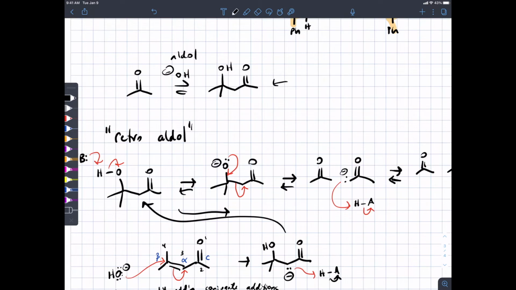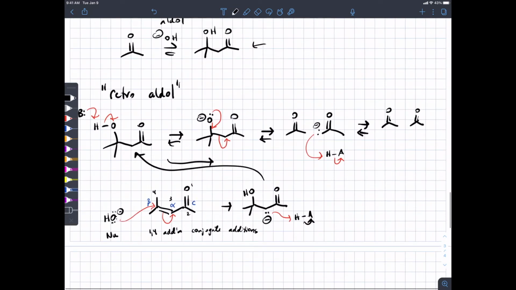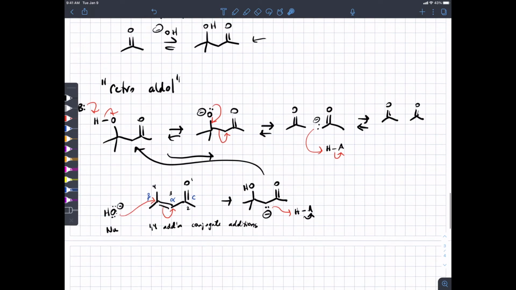Others? Yeah. Going from that, I guess the second product that you made below, would the base always be a hydroxy group then? Would the base always be the hydroxy group? If you're doing the aldol reaction, yeah. But there are lots of nucleophiles you could use to react with alpha-beta unsaturated carbonyl compounds.